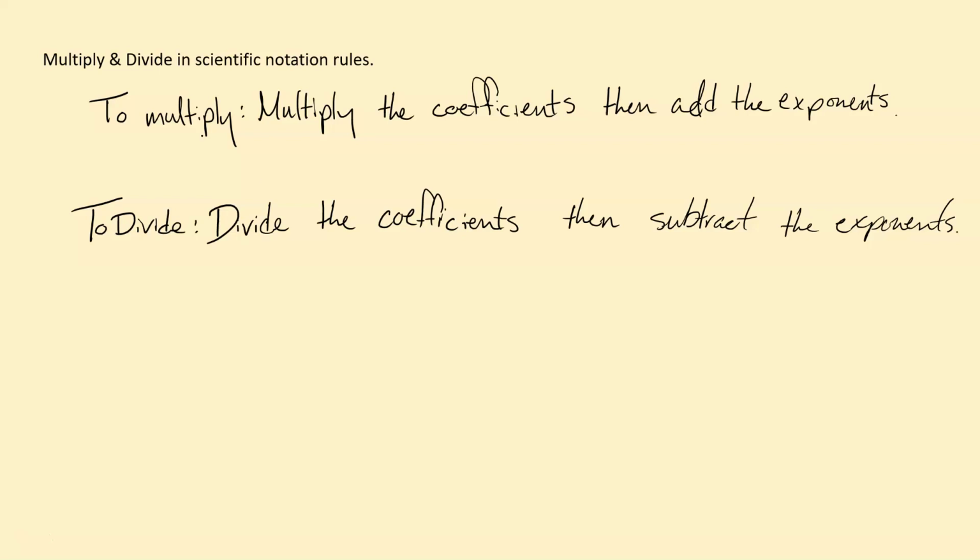So there are some rules that we can apply for multiplying and dividing in scientific notation, so that we don't necessarily have to go through all of those steps. The rules are, when you're multiplying, and make sure you write these down, you want to multiply the coefficients and then add the exponents.